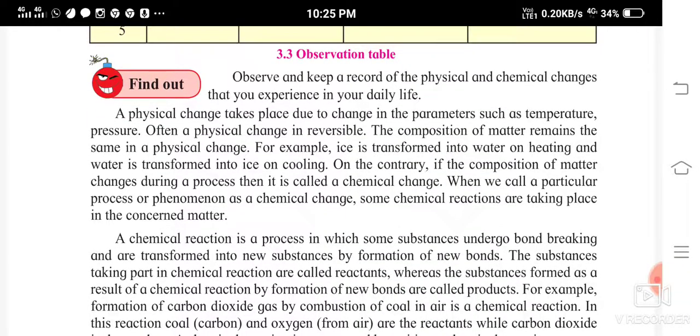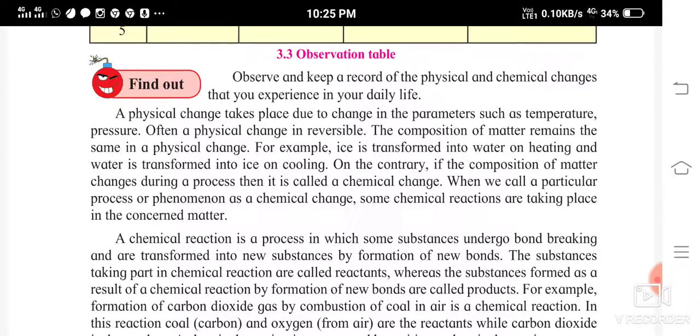Now find out, observe and keep a record of the physical and chemical changes that you experience in your daily life. So you can observe, you know what is physical change and what is chemical change, isn't it? You can record some of the physical and chemical changes that you are experiencing in your daily life.